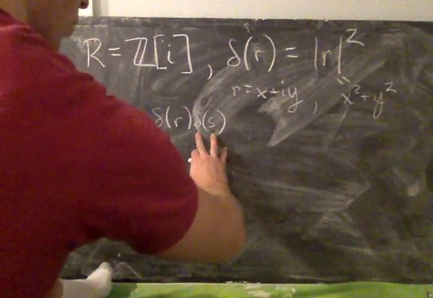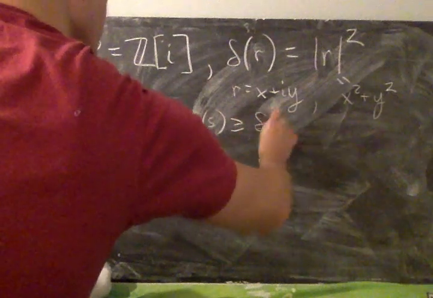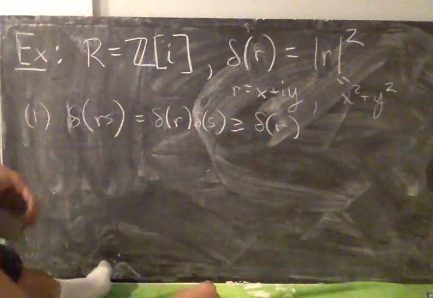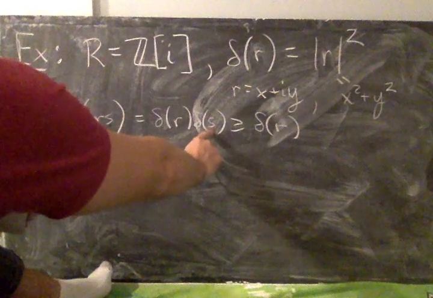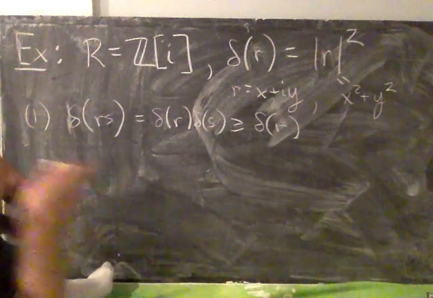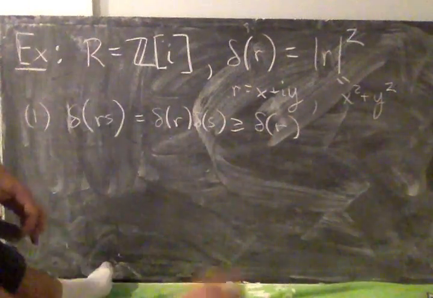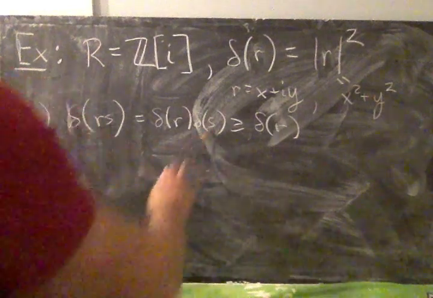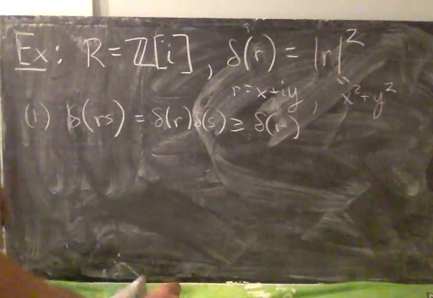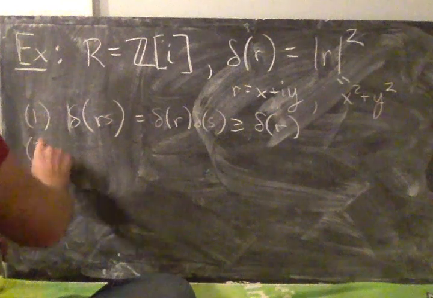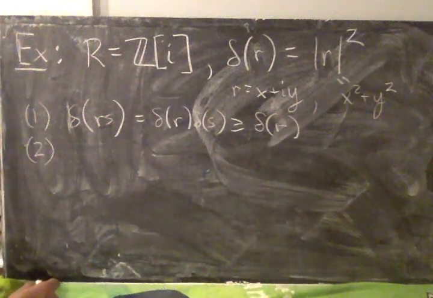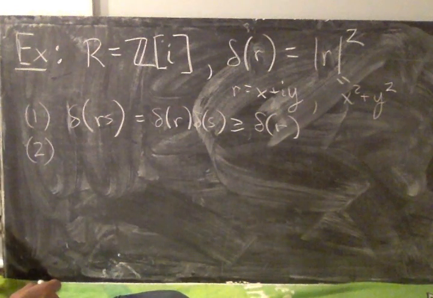So this is going to be at least 1. Okay, so this is bigger than or equal to delta of R. This is using the fact that S is a Gaussian integer, so its x or y component has to be at least 1, so the norm squared of it is at least 1. Okay, so that's the first property of the Euclidean domain verified.